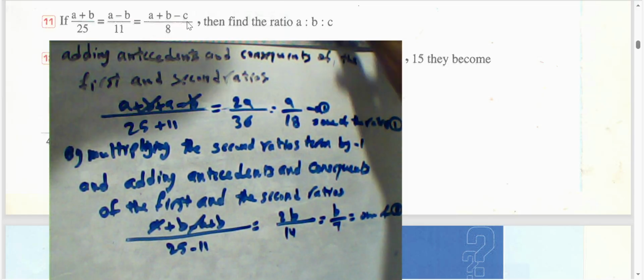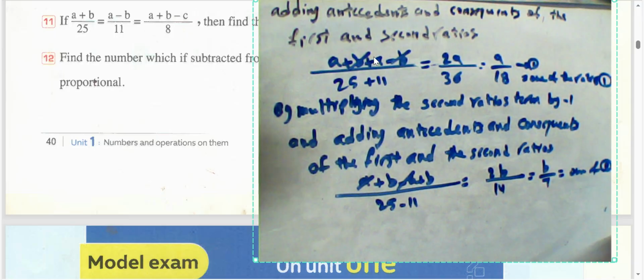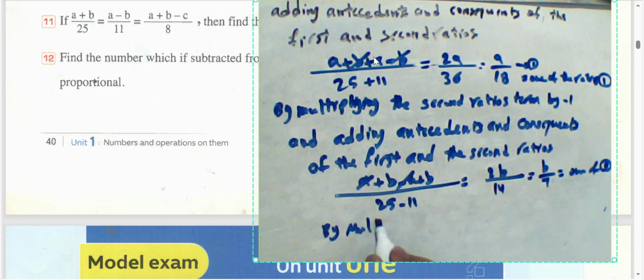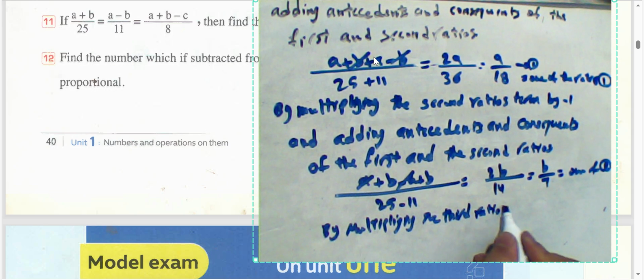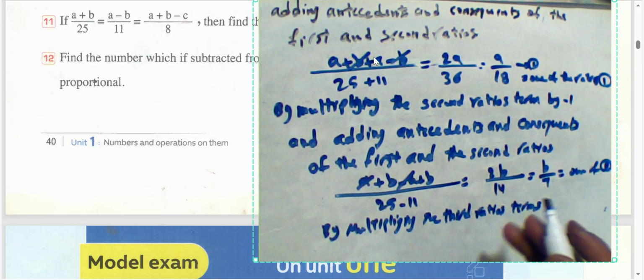The next step: by multiplying the third ratio's terms by -1.